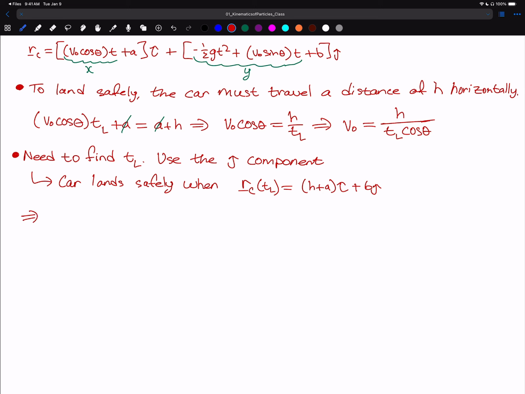So we'll get then that minus 1/2 g t sub l squared plus v0 times the sine of theta times t sub l plus b must be equal to b, or in other words, minus 1/2 g times TL squared plus v0 sine of theta multiplied by TL must be equal to 0.